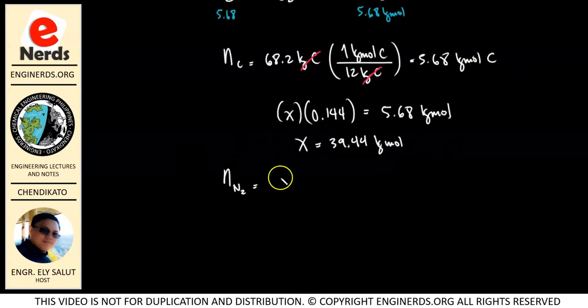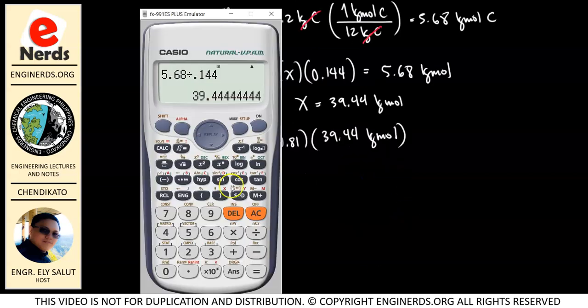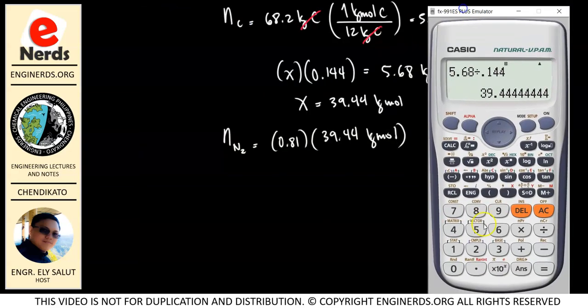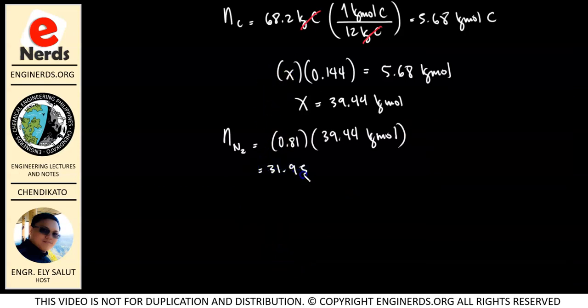So we have 0.81 of 39.44 kilogram mole. Diba? So what is that value? So we're going to multiply 0.81 times 39.44. So we have 31.95 kilogram mole of N2 in our product. Okay?